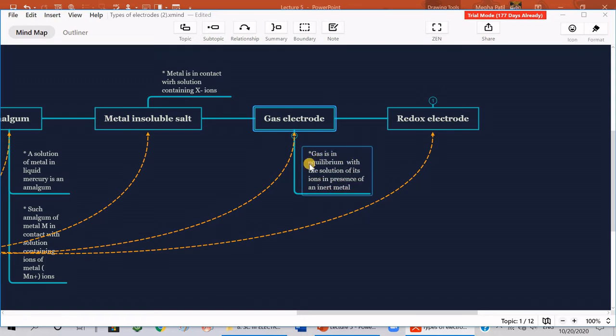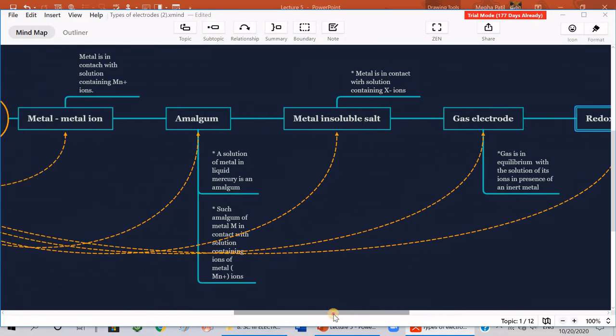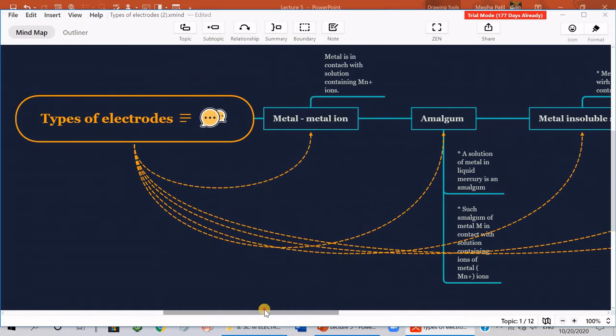Such types of electrodes are called gas electrodes. And the last one is the redox electrode. That is an inert metal like platinum dipped into the solution containing ions of the same type but in 2 different oxidation states. Such types of electrodes are called redox electrodes. So these are the different types of electrodes.